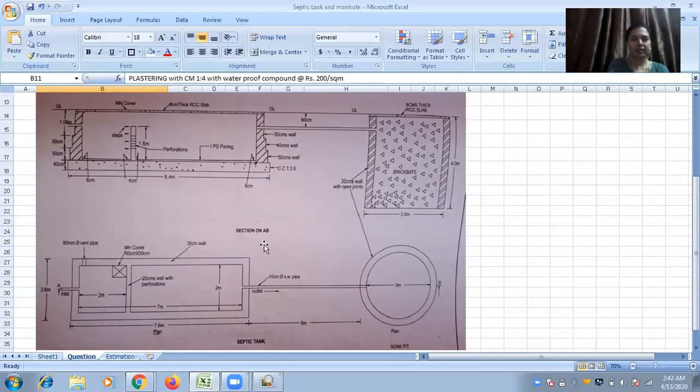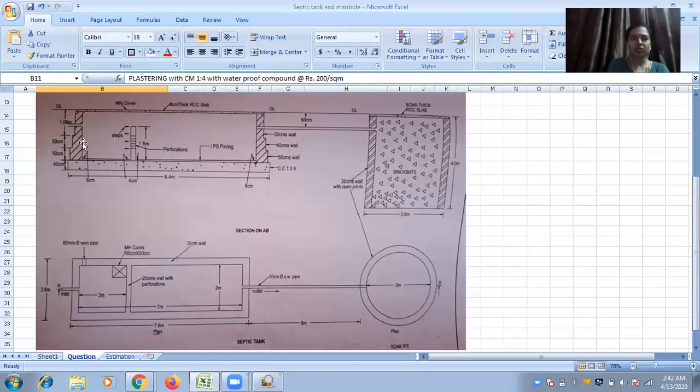You can make out here 50 centimeter plus 50 centimeter plus 1 meter, that is 0.5 plus 0.5 plus 1, not 1.08. 0.08 is roof slab thickness.